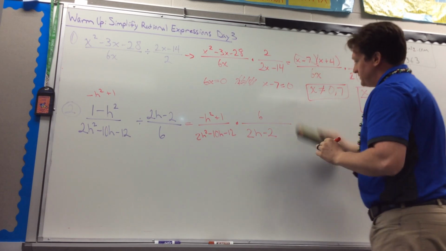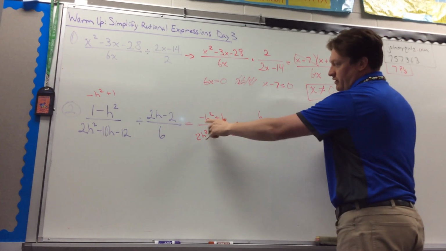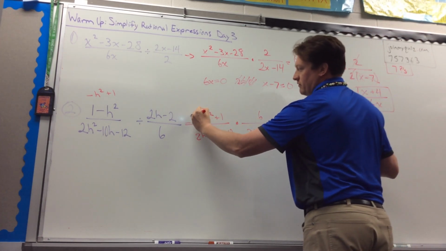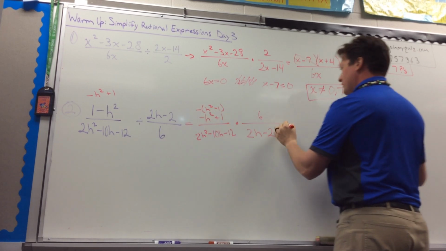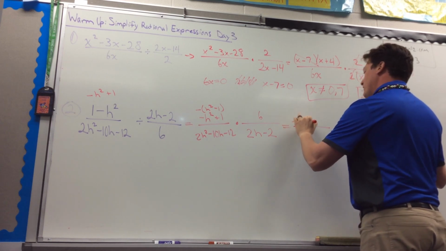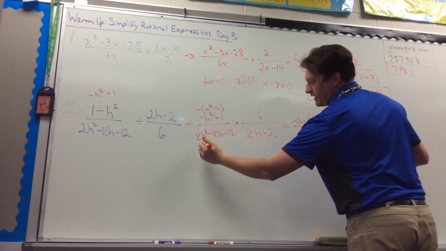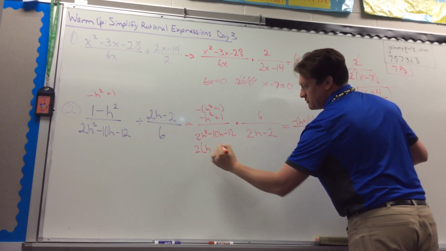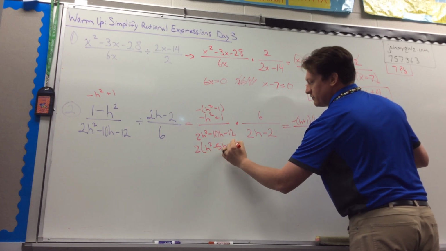Now I'm going to go ahead and find all the factors. So here I need to take out a negative. That gives me h squared minus 1, difference of squares. So over here on top, I've got negative h plus 1, h minus 1. Down here, I can take out a 2, which leaves me with h squared minus 5h minus 6.